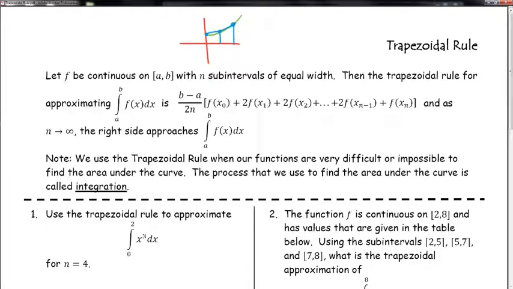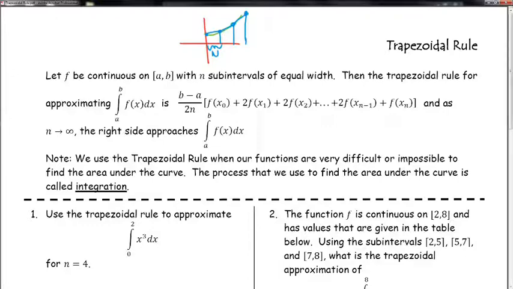Depending on how many trapezoids, similar to your rectangles, the smaller the width of the trapezoids gets, as they get closer and closer, the better the approximation is going to be.